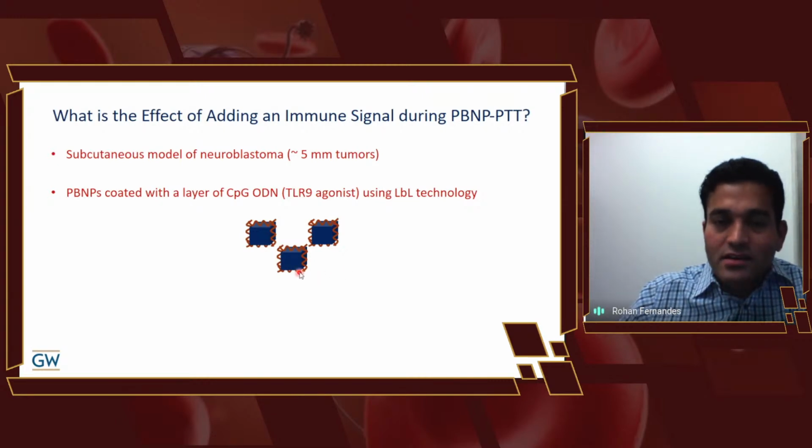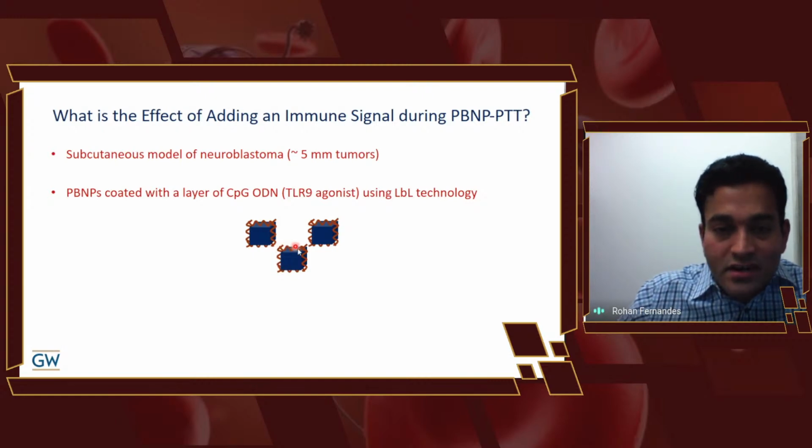So in a very simple manner, these blue cores of Prussian blue are negatively charged. And then we coat them with a layer of linear polyethylene imine, which is a positively charged polymer that is used for complexing, and it's also used in transfection or delivery of nucleic acid agents to targeted cells.